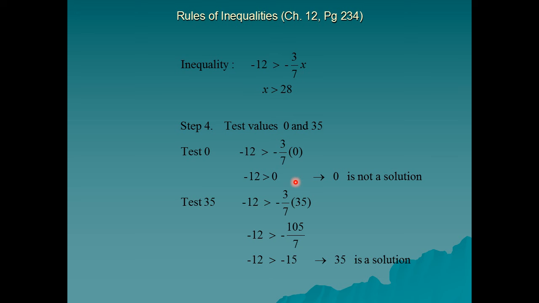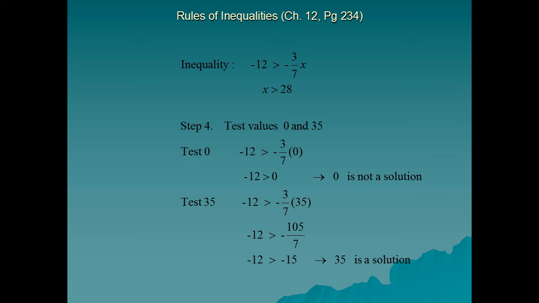A negative number cannot be greater than 0. Why did this happen? Because the inequality said x must be greater than 28, and 0 is not greater than 28, so the inequality is not true. 0 is not a solution.